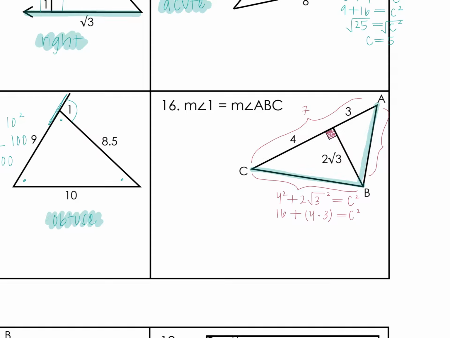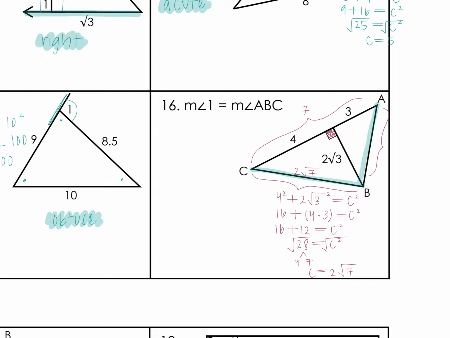So we'll have 16 plus 12 equal to c squared. And so when you add those two together, you're going to get 28. And so I'm going to square root both sides. We'll get some factors are that 4 and that 7. So therefore my c is equal to 2 root 7. So that's going to be this side here is 2 root 7.